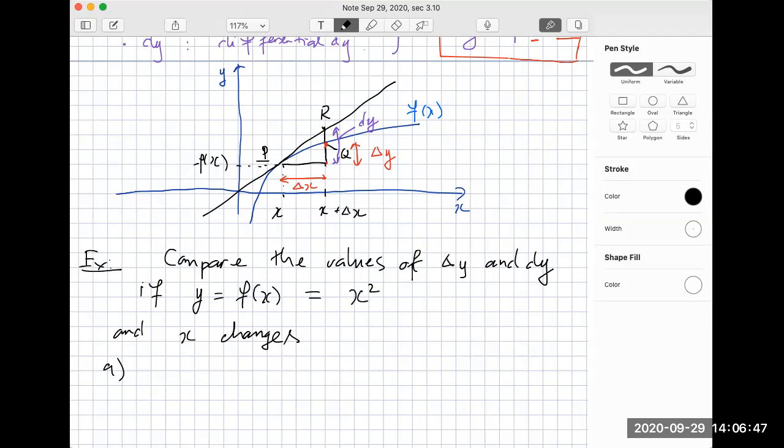Case one, from 1 to 1.05, case two, from 1 to 1.01. Okay.